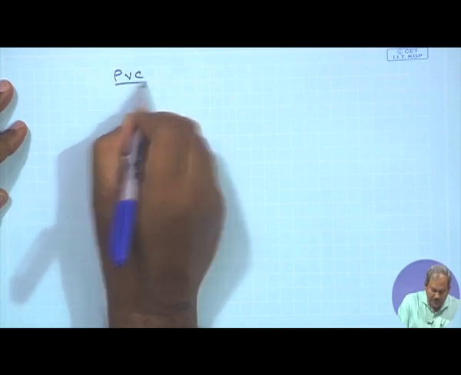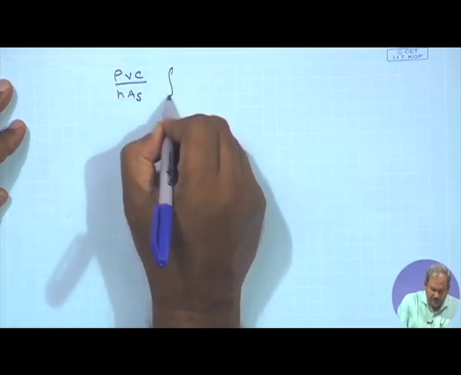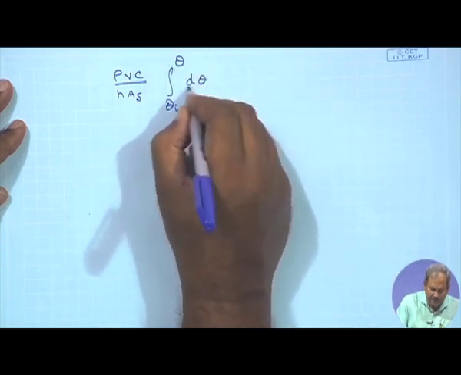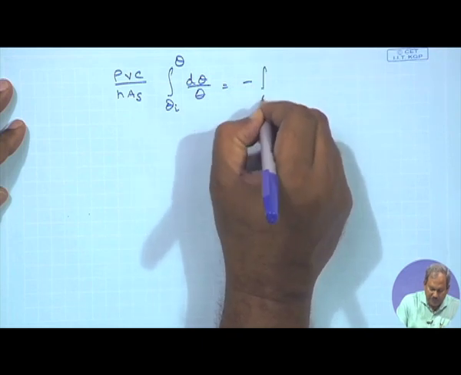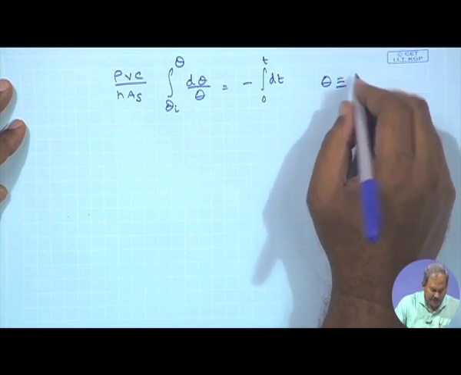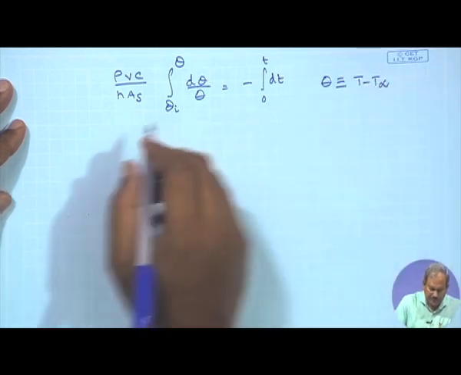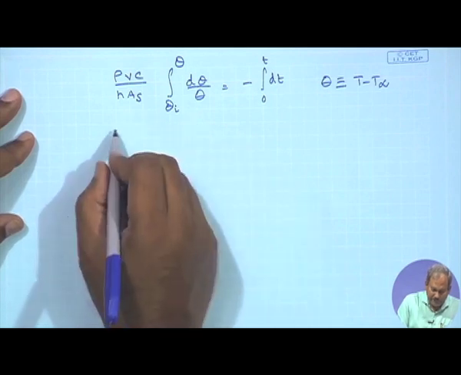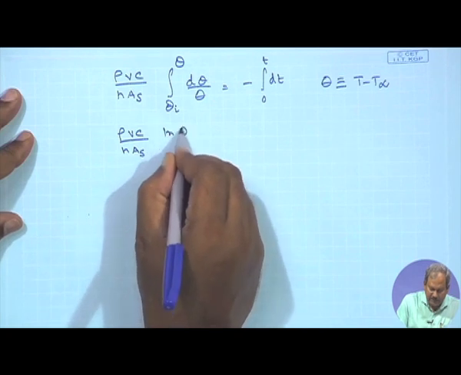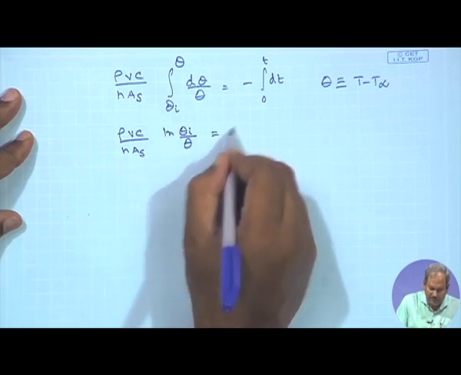If you integrate this expression, what you would get is rho V c by h As, integration from θi to θ of dθ by θ, equal to integration from 0 to t of dt. Remember that θ has been defined as T minus T infinity. So, when you integrate this, what you would get is rho V c by h As times ln of θi by θ is equal to time.